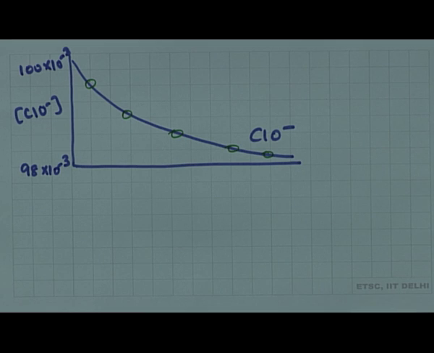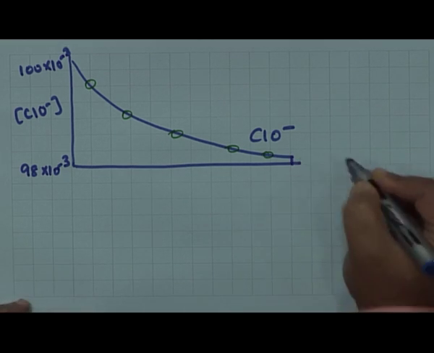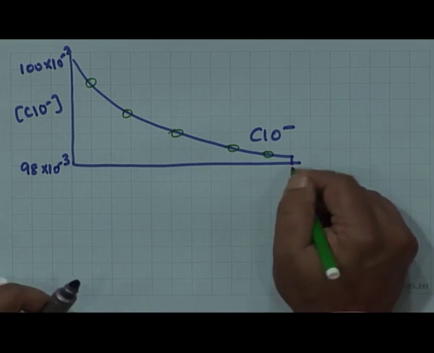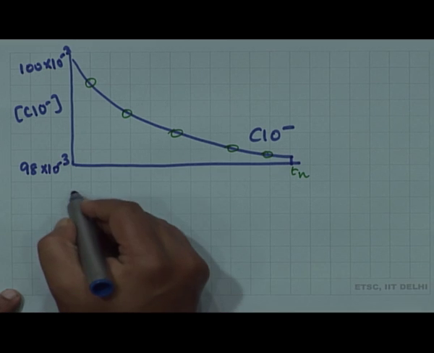So, what has happened is you are seeing that as the reaction progresses between that of hypochlorite and bromide, this is the change I have for the hypochlorite, and say this observation time is Tn. Okay. Now, let us draw the similar kinetic profile, but this time for bromide.